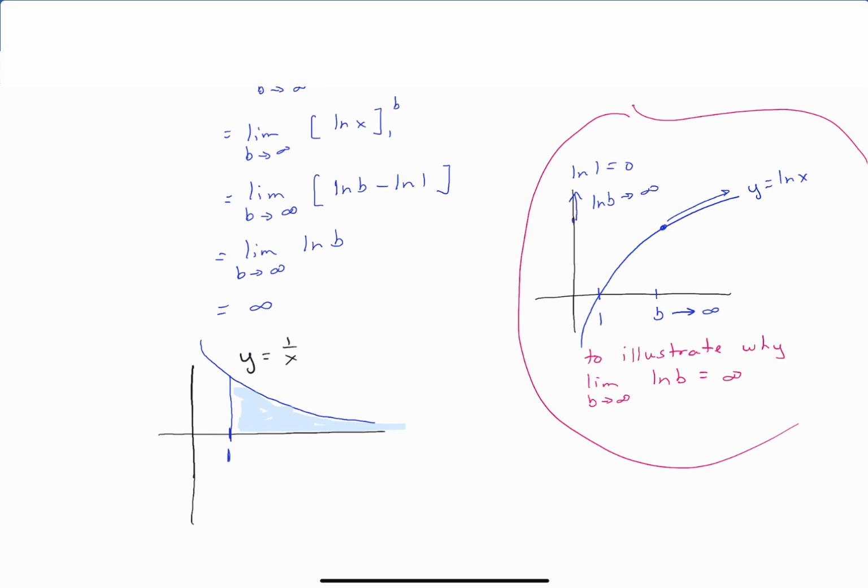In other words, you have an infinite amount of area. That's the area going to the right forever and ever. The accumulated area is infinitely large.